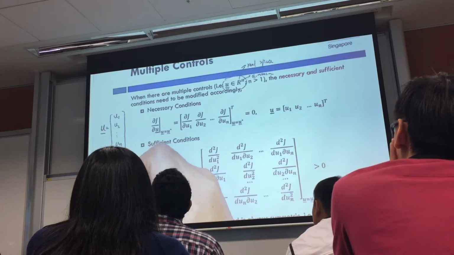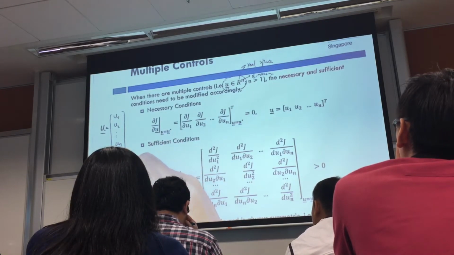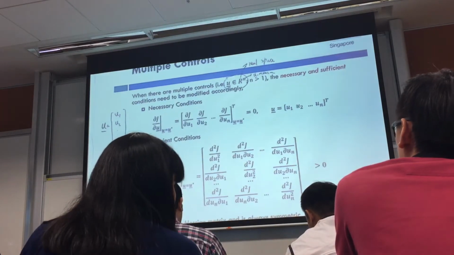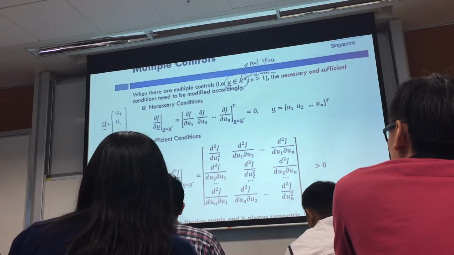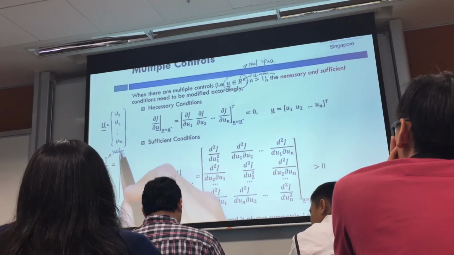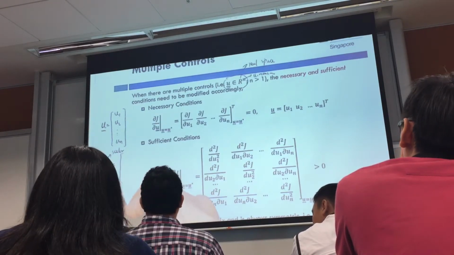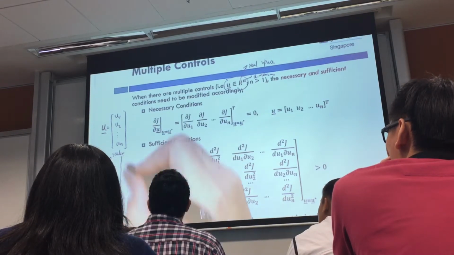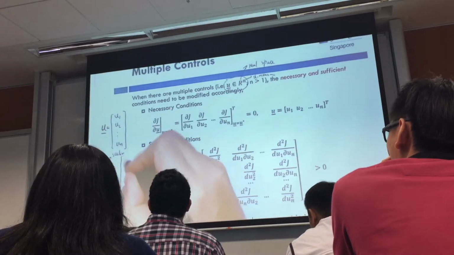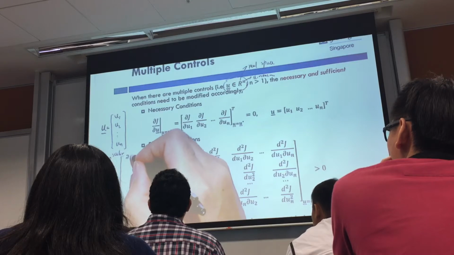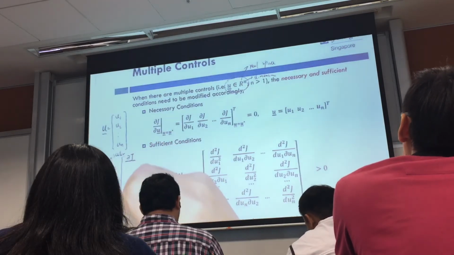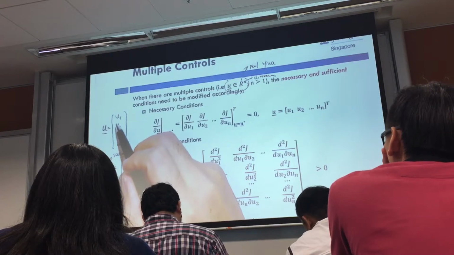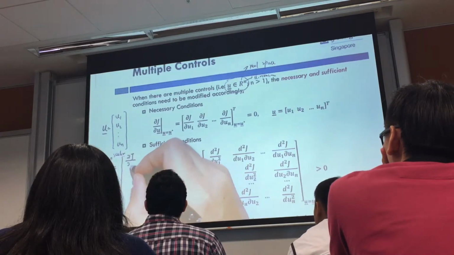So J is a scalar function and we have multiple inputs here. This u is n by 1. For an n by 1 vector, to calculate a scalar function in terms of the n by 1 vector, you will also get an n by 1 vector. The first one will be dJ in terms of the first component of your vector, so this dJ/du1.